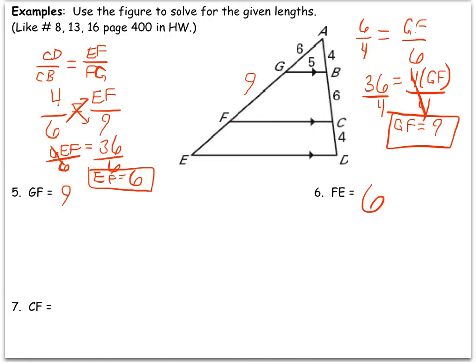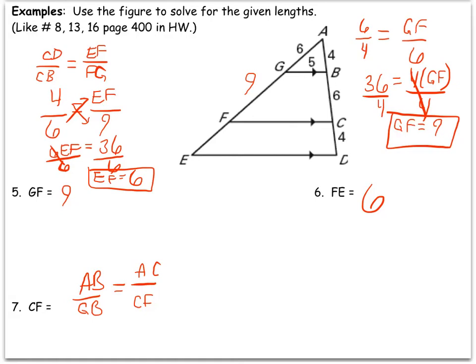So what I can set up here is 4 divided by 5, so we've got AB over GB, should be the same ratio of AC over CF.